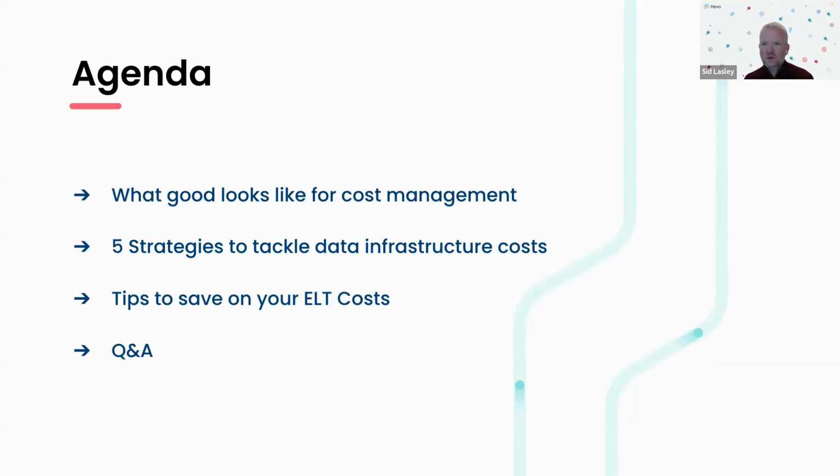I'll jump in towards the end of the presentation, give you some insight on tips and tricks for saving costs on your data integration costs. And we will have a Q&A session at the end. So if you do have any questions, please input them into the webinar. You are all on mute at the moment, but if you input your questions into the Q&A panel, we'll be glad to answer those at the end.